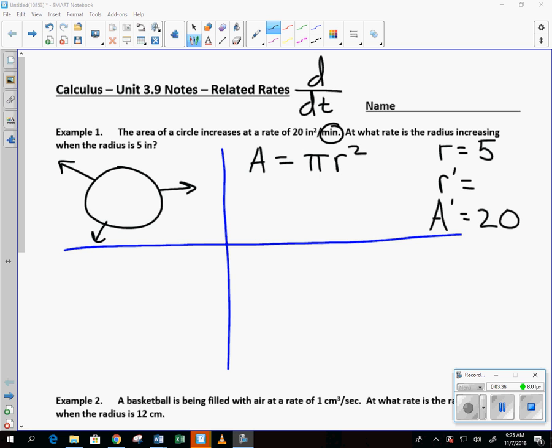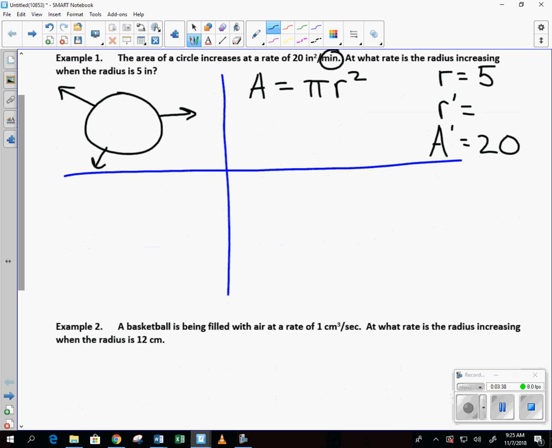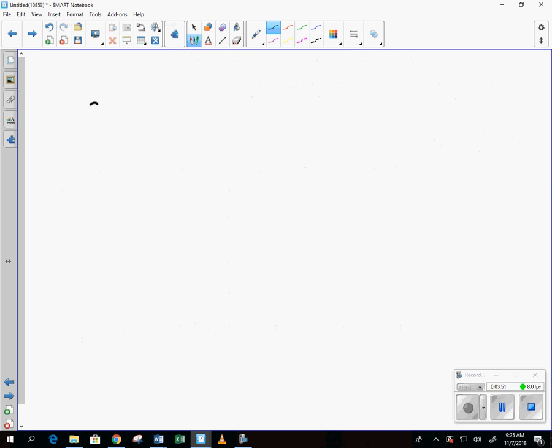We all good? In this box, what I like to do is take the derivative with respect to time. I'm going to bring you back for just a second so we can remember what we're doing. The derivative with respect to x of x squared plus y squared is equal to 5.